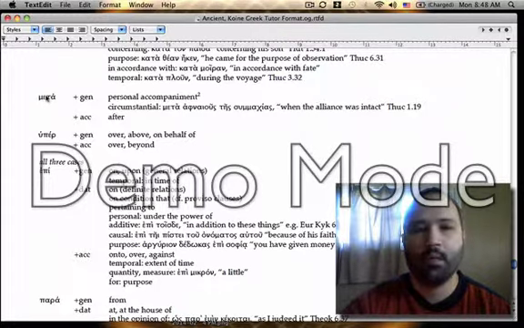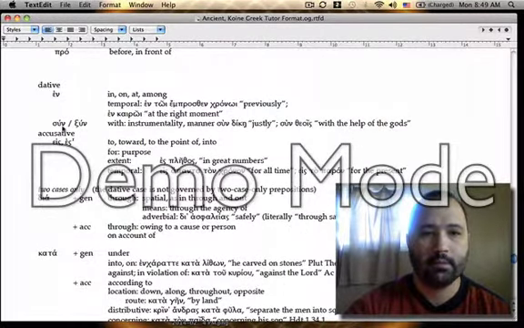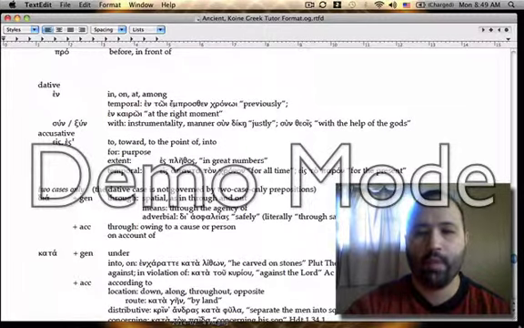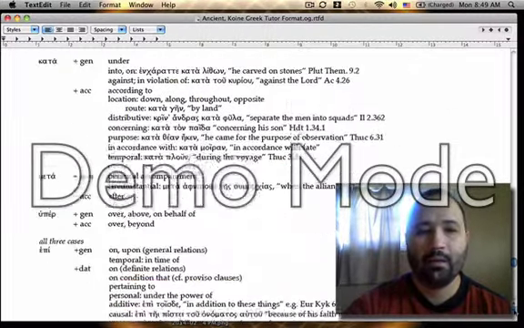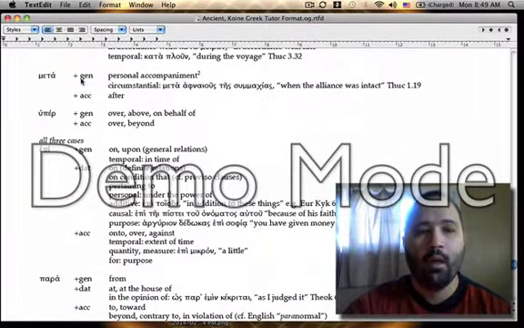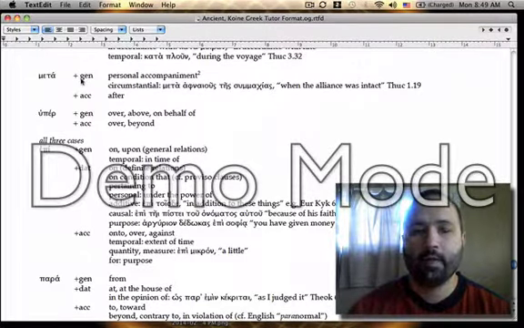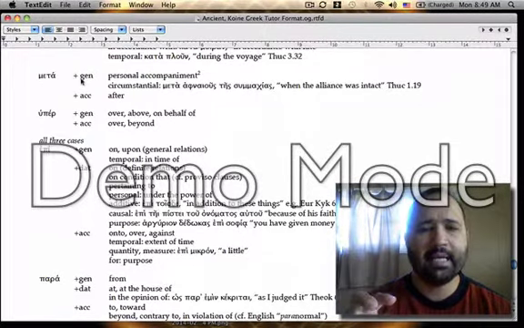So meta can be used as a synonym with sin, the one we looked at earlier, briefly. Sin just means with someone, like with the help of the gods. It's used with the dative, as you see here. Meta is used with the genitive and the accusative. Now, meta with the genitive can be used as a synonym for sin and the dative.